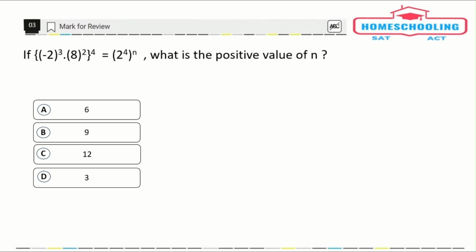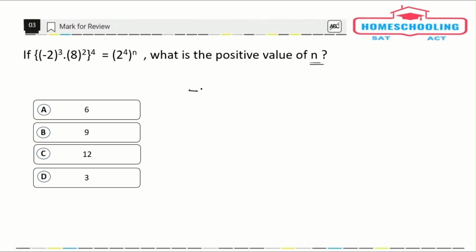Now moving to the next question. This question says that if 2 cube into 8 square, and this whole to the power 4, is equal to 2 to the power 4 whole to the power n, we have to find the value of n.